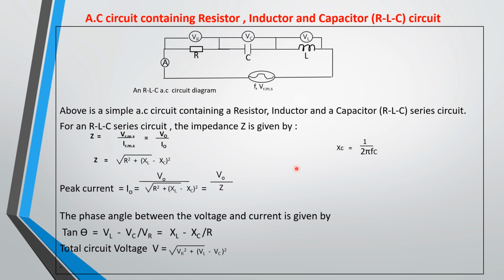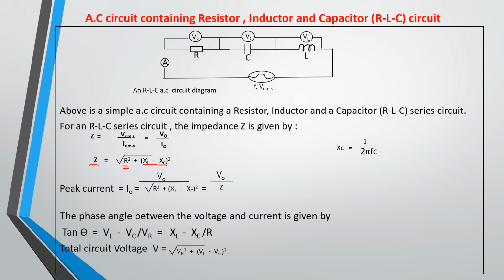In this particular circuit arrangement, the impedance is Z and is given as the square root of the resistance square plus the square of the difference of the reactances. If you remember, this is the impedance for an LC circuit, and this combines all the other ones together.